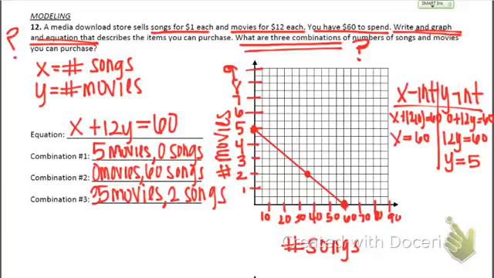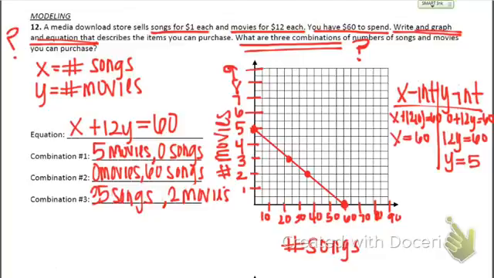Christian, what else did you come up with? 3 movies, 24 songs. That is on there. Oh, did I mix it up? It's 35 songs. Oops. That's a lot of movies. 35 songs, 2 movies. And then Christian found 3 movies, 24 songs.